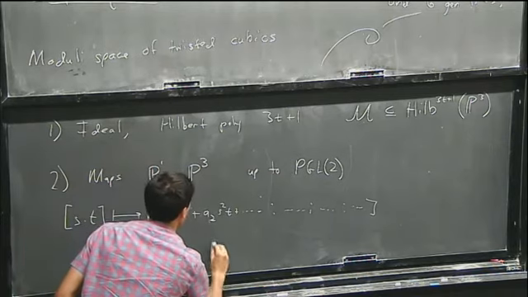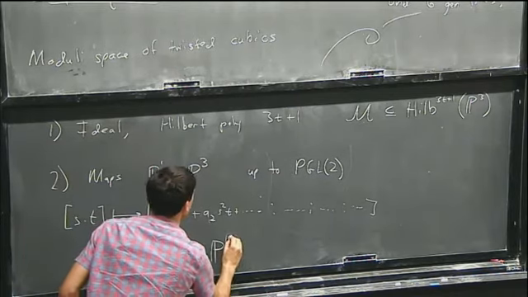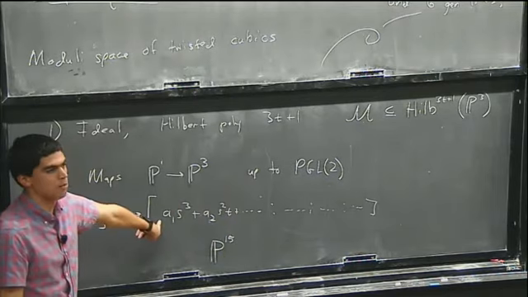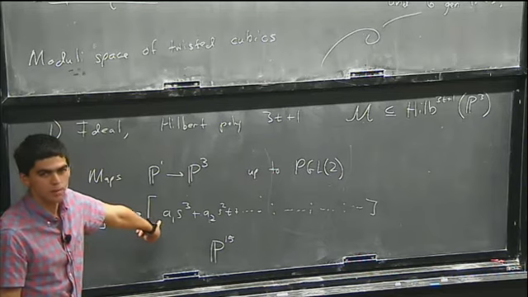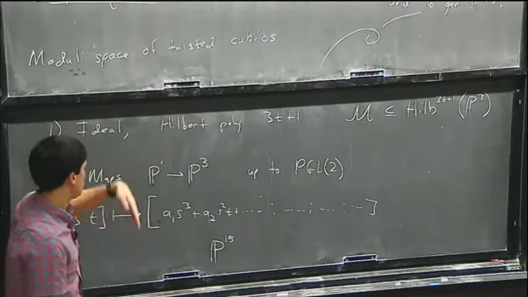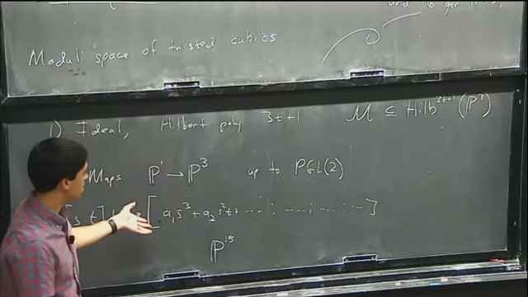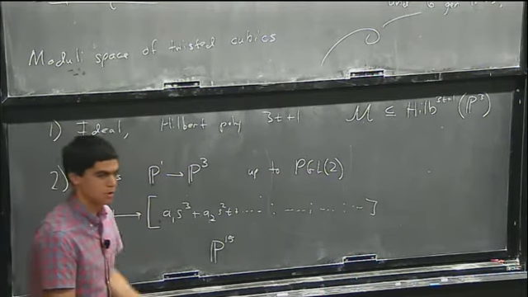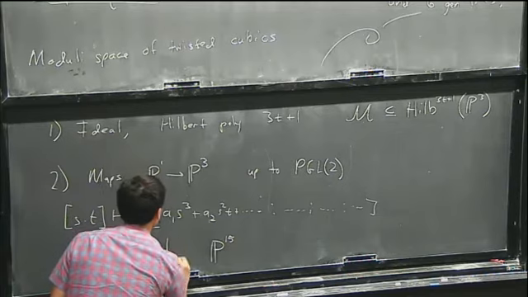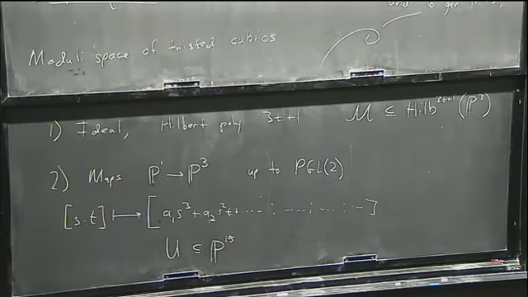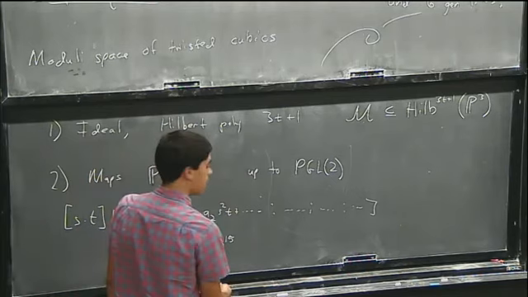So we have a P15 of things that look like this, except that some of these maps will have base points, some will be covers of their image, and some will be singular maps to a plane curve. So we get some open set U inside this P15. And what about the PGL2?